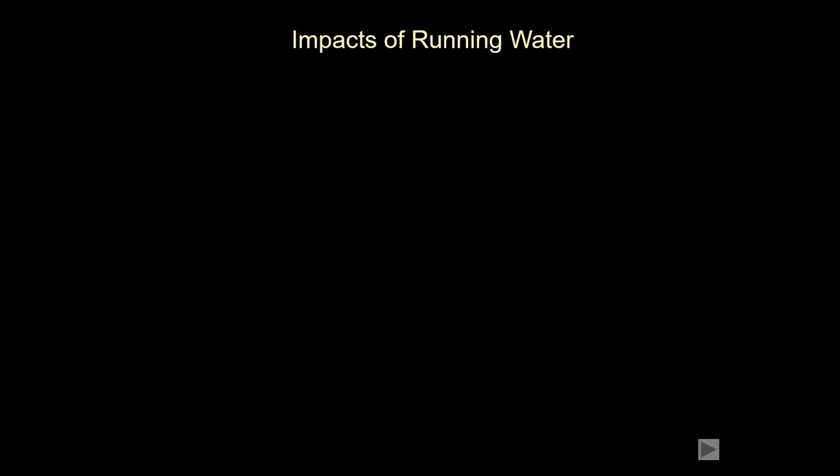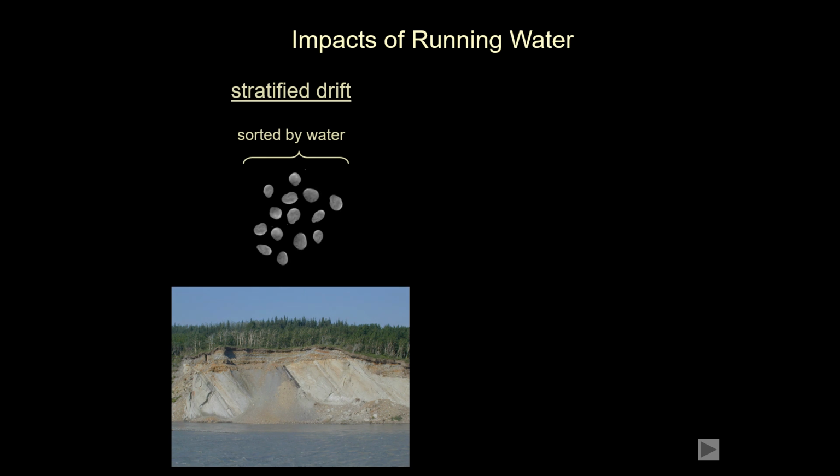All right. Also want to mention some impacts of running water. If you have glacial material that's carried by a glacier and later picked up and carried by running water, it takes on some unique characteristics. We refer to material that's been sorted by running water as stratified drift.